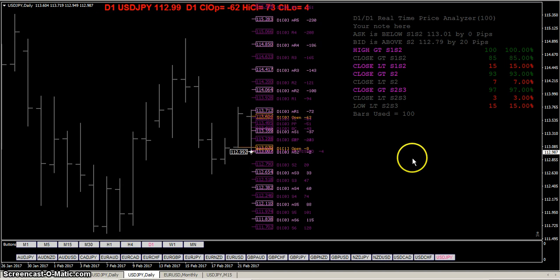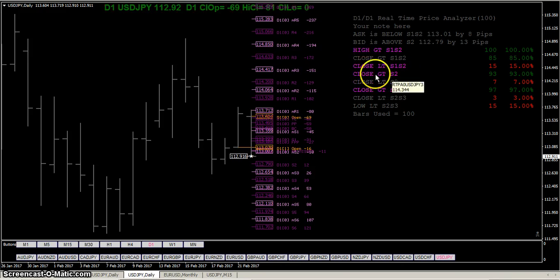So you can see right now, close is above S2. Okay. You can also see close is above MS2, or the midpoint between S1 and S2.